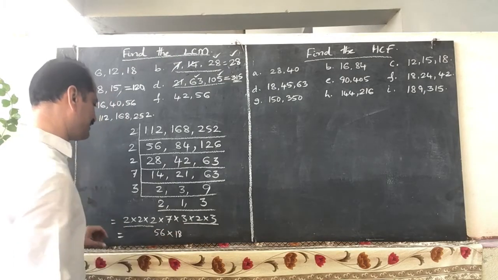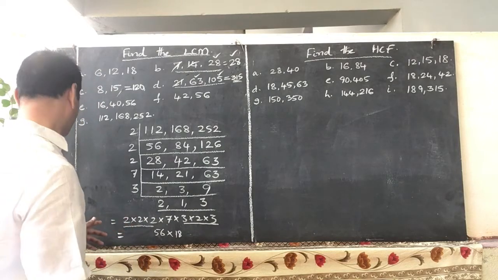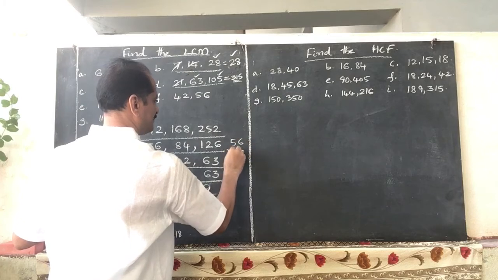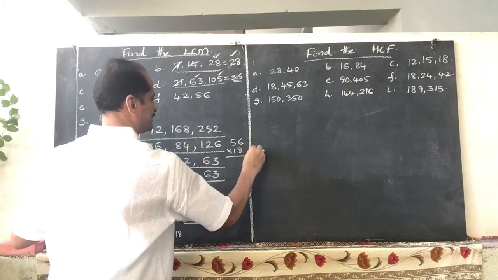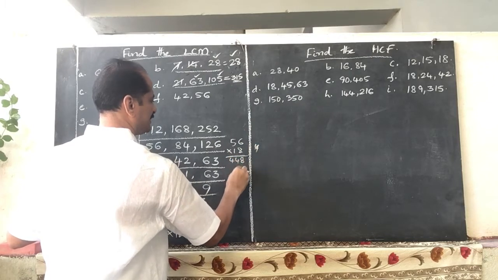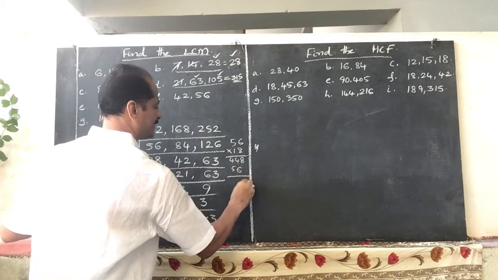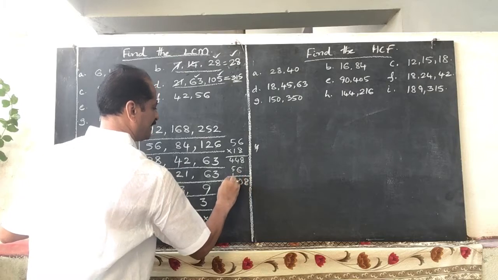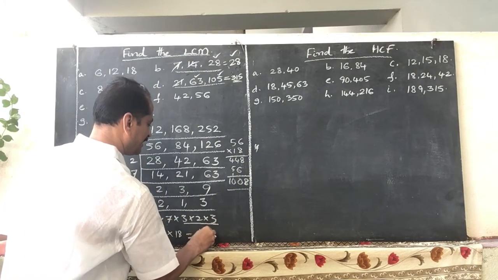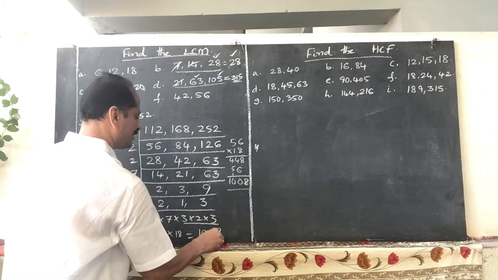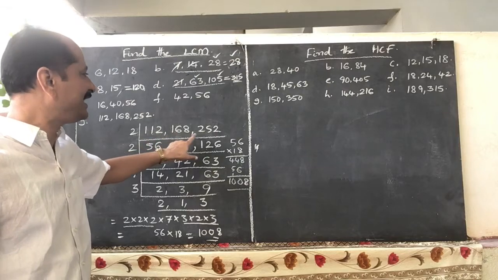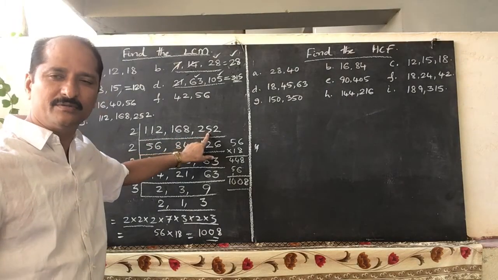Or otherwise, do it another way. 56 into 18, just multiply and check. 8 6s are 48. 8 5s are 40 plus 4 is 44. 1 6 is 6. 1 5 is 5. So 1008 is the LCM. 1008 is the LCM of 112, 168 and 252.